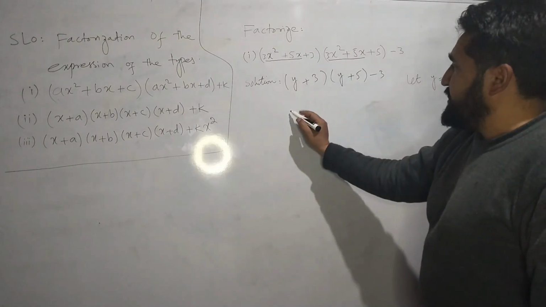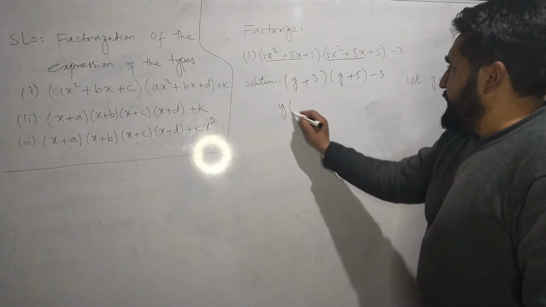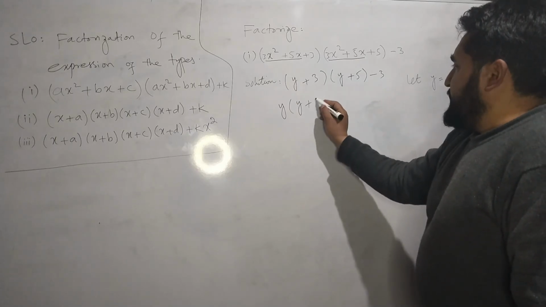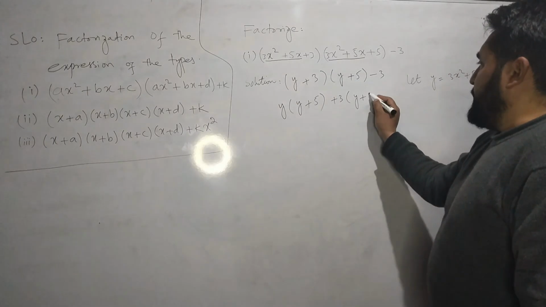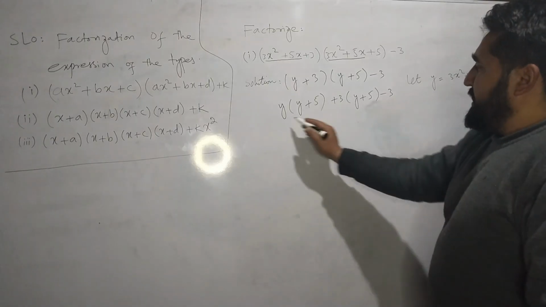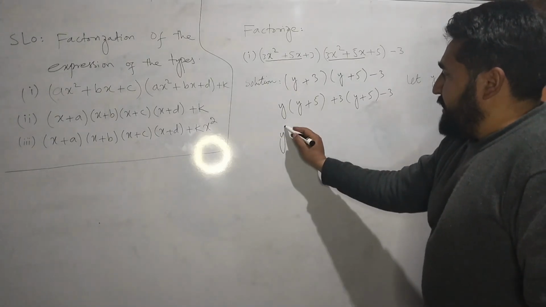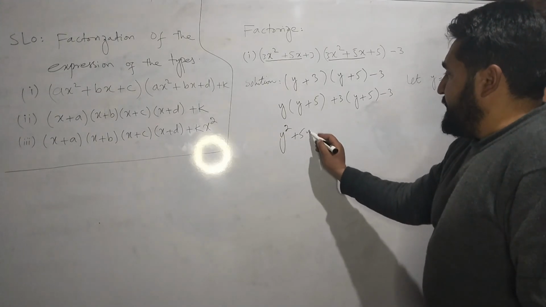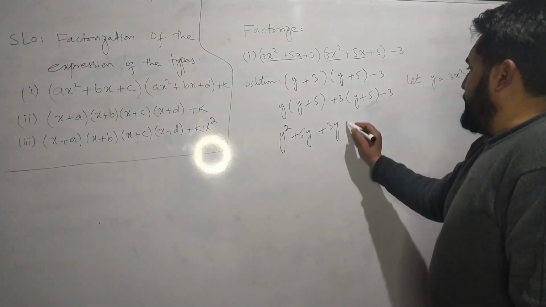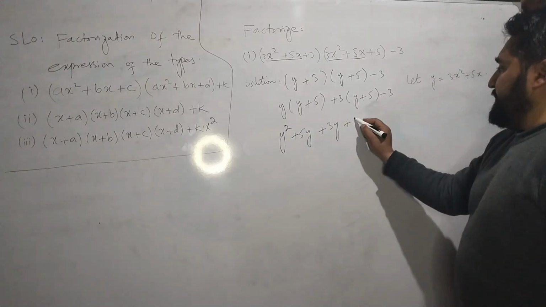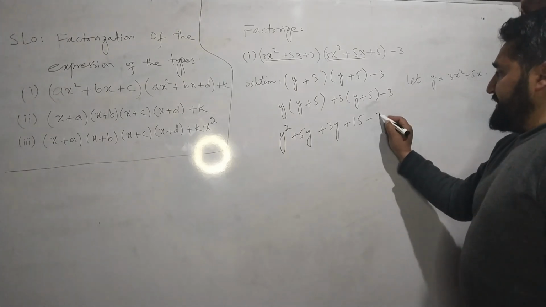We just multiply these two. That is y into y plus 5 plus 3 into y plus 5 minus 3. Just multiply: y square plus 5y, 3 multiply y is 3y, plus 3 multiply 5, that is 15, minus 3.